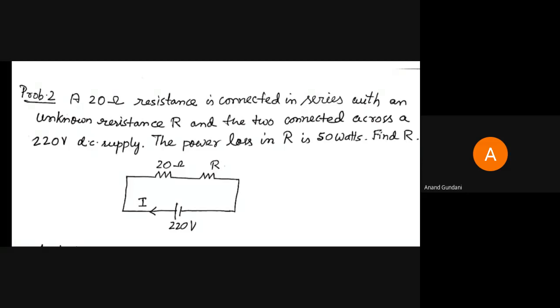Okay, I'll give you some hint, otherwise you may get confused. If you remember, while we were doing all the calculations of series and parallel circuits, we considered R equivalent, the total equivalent resistance.